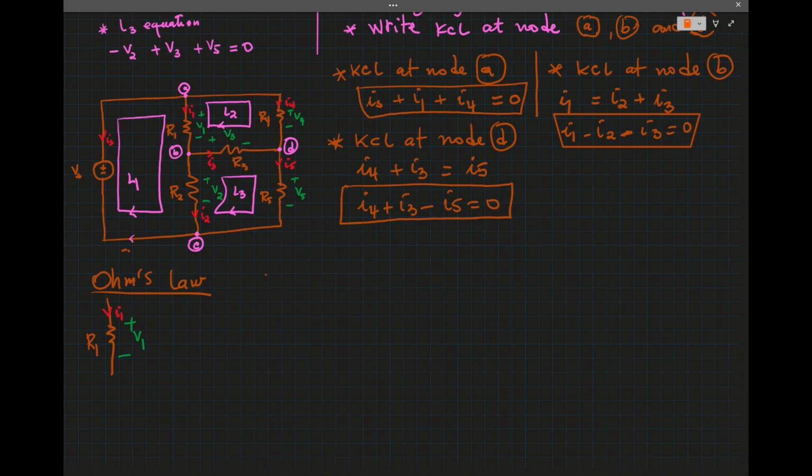So when we write Ohm's law here, V1 is equal to what? R1 I1. Following the passive sign convention, the current is flowing from plus to minus. So that is V1.